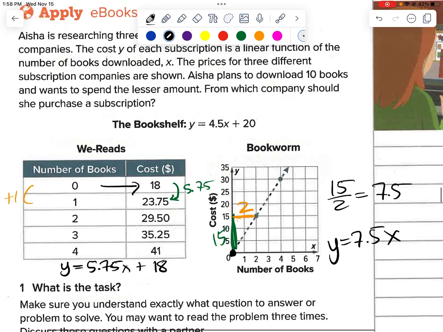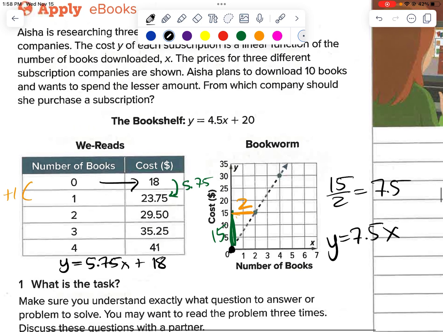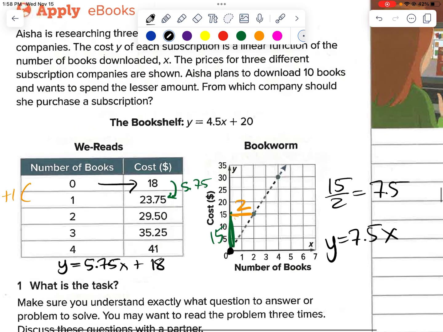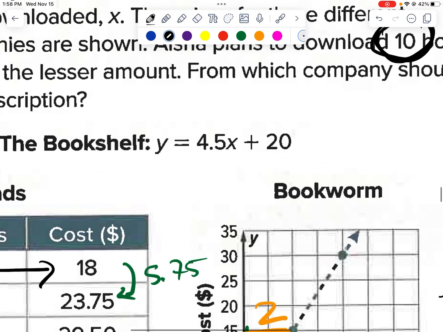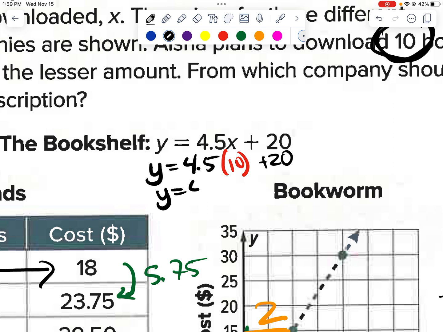And we want to know from which plan she should purchase a subscription if she wants to download 10 books and spend the lesser amount. So if I plug in 10 right here, y equals 4.5 times 10 plus 20. That would get me 45 plus 20, which is $65.